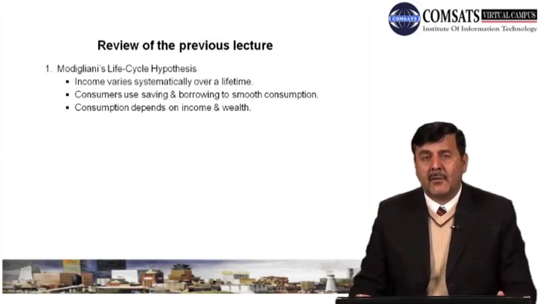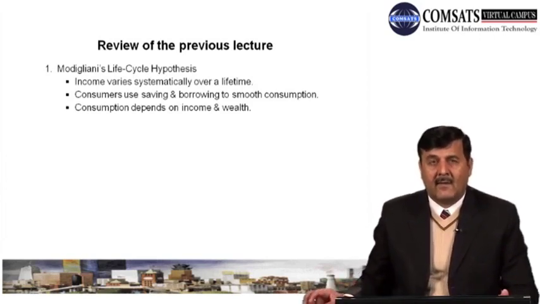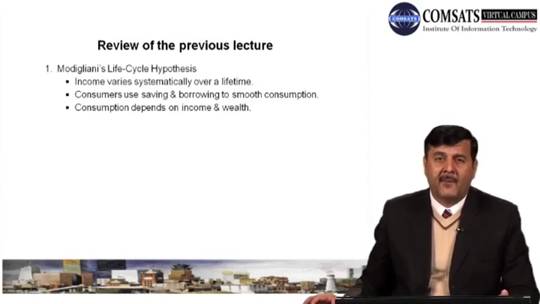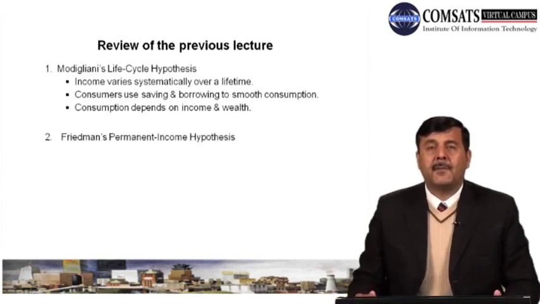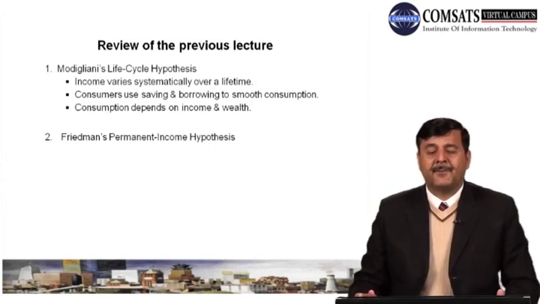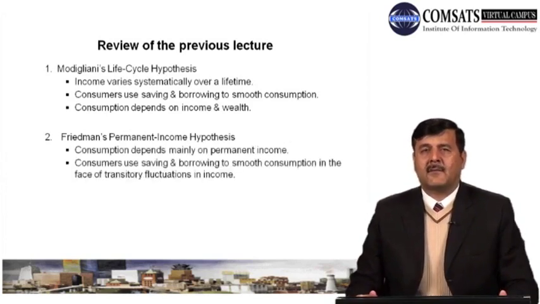So this was the first model that we discussed in the last class, and that talked about how consumption and income are related, and how income is measured, as earned by the individual or consumer in a lifetime. Second model जिसकी हमने बात की, we talked about the Friedman permanent income hypothesis, and according to him, consumption depends on permanent income, right?